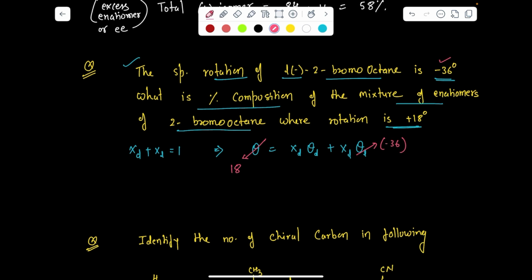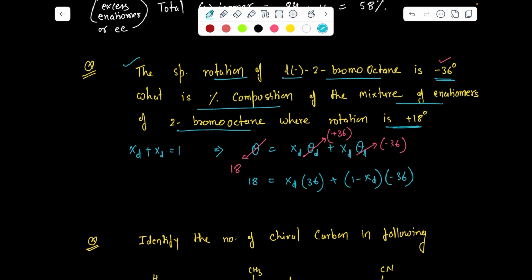The dextro will automatically be plus 36 because we have the same enantiomers. So the calculation is 18 equals dextro into 36 plus 1 minus dextro into minus 36.